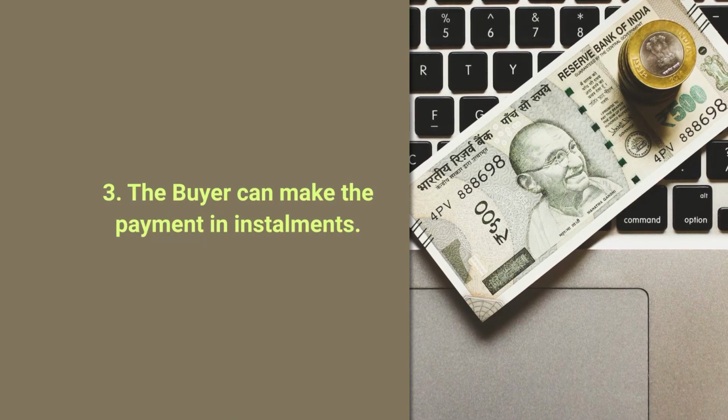Immediately when the buyer and the vendor enter into an agreement, the ownership is transferred from the vendor to the buyer. The next one is that the buyer can make the payment in installments. Yes, of course, like under the hire purchase system, the buyer can also pay for the goods in installments over a period of time.